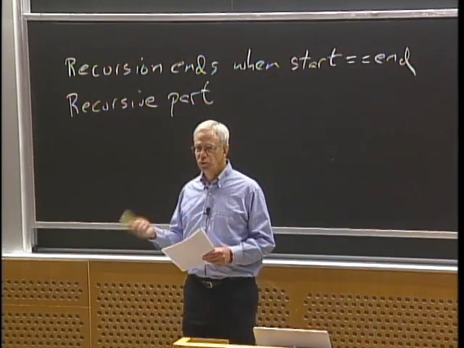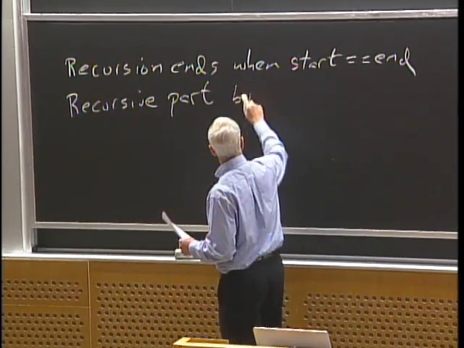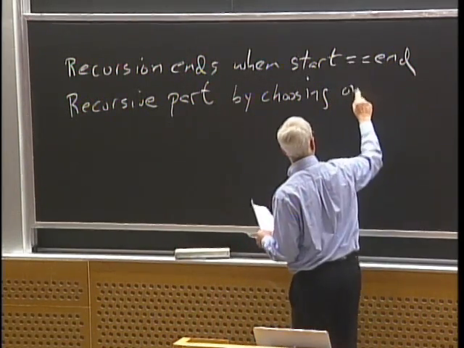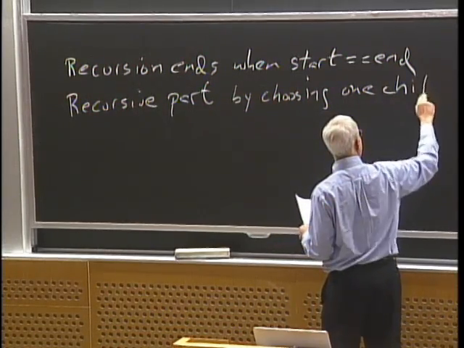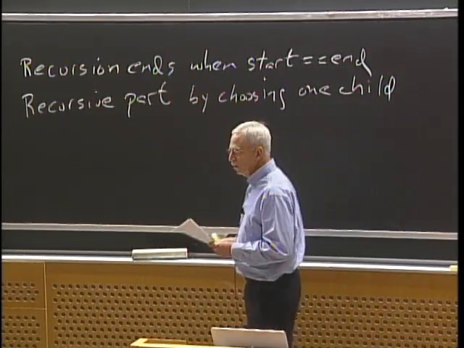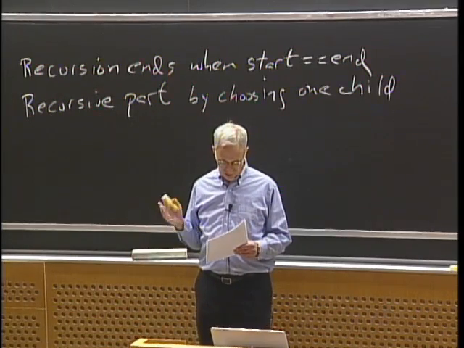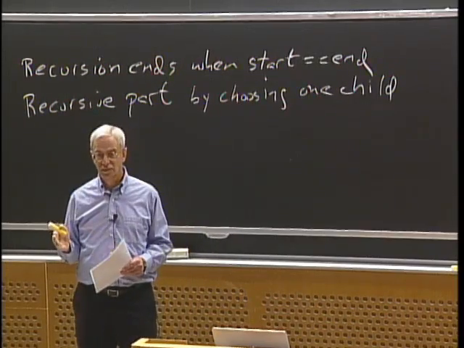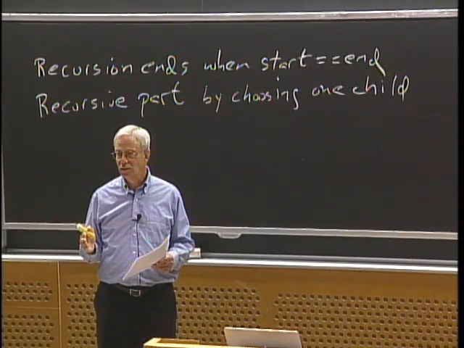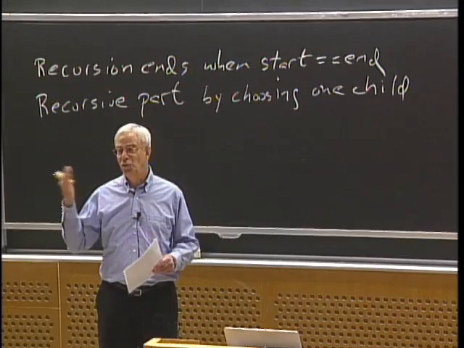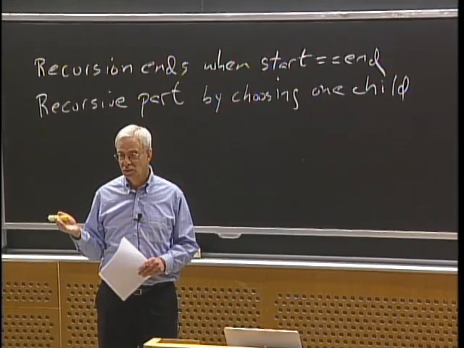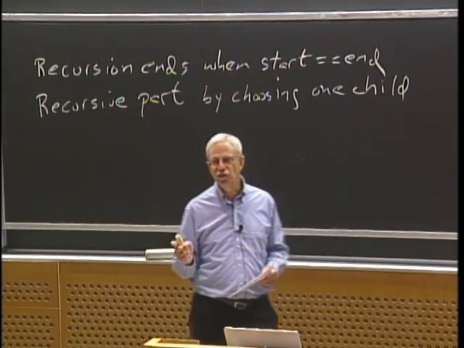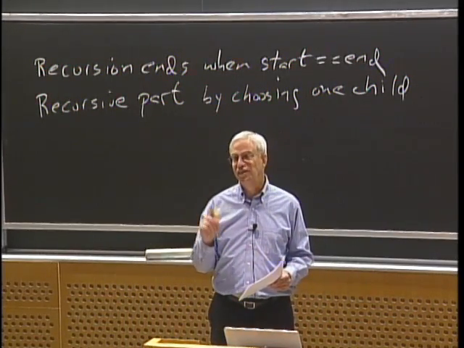starts by choosing one child of the node you're currently at. And it keeps doing that until either it reaches a node with no children, or it reaches the node you're trying to get to, or, and here's an important part, it reaches a node it's already seen.